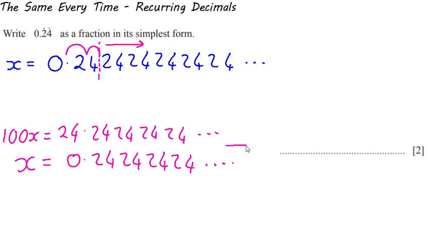Now we subtract. 100x take away x gives me 99x. And when I subtract the decimals, because the part after the decimal point is the same in both, it all cancels out. So I just need to look at the left hand side: 24 minus 0 is 24. So now I get 99x equals 24.